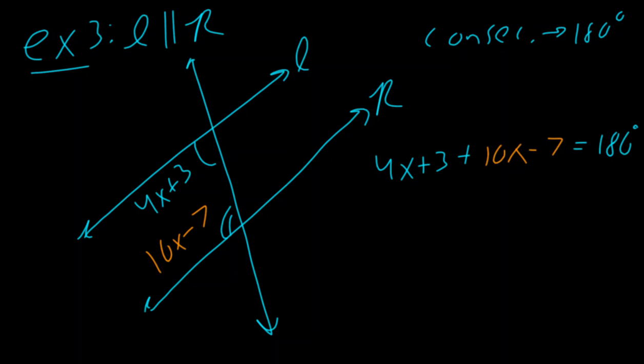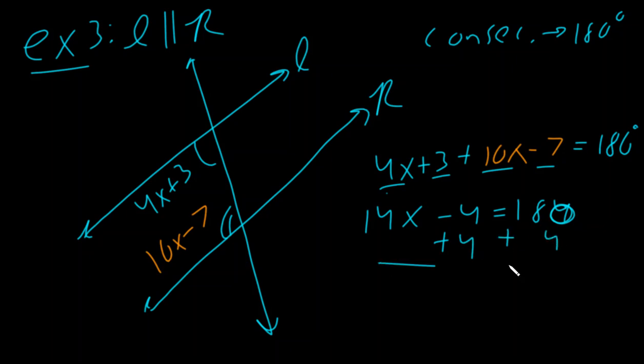Okay, and from here we have a pretty simple problem. We want to combine our like terms, and so 4x plus 10x would of course be 14x. 3 minus 7 will of course give us negative 4, and this equals 180. Now from here, how do you get rid of the minus 4? Well, we add 4. And check it out, guys. Sometimes my brain moves a little too fast. 180 plus 4 is 184.